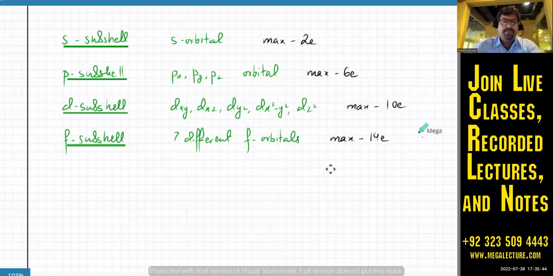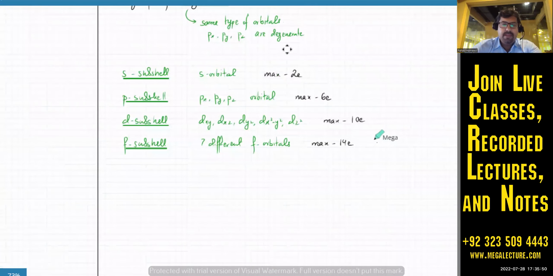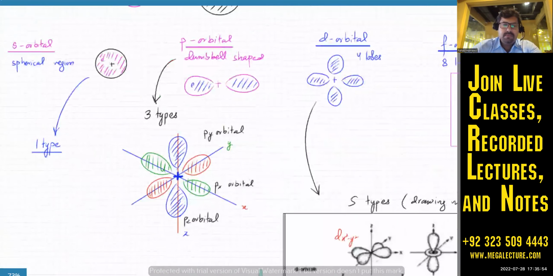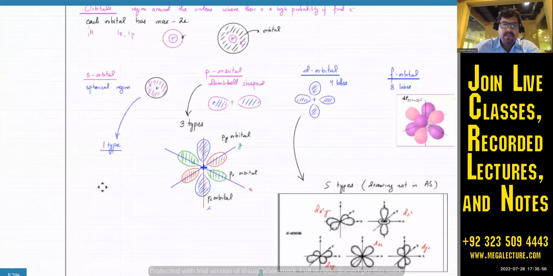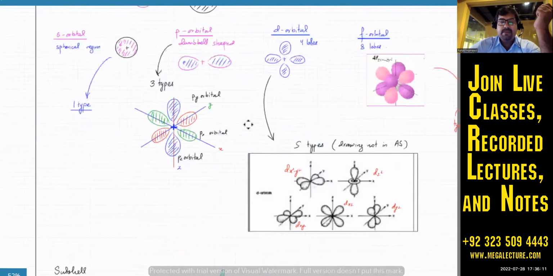Let's recap everything. What did we learn? We learned that electrons exist in spaces around the nucleus, which are your orbitals. You've got a spherical region, that's an s orbital, and a p orbital. There would be 3 different types of p orbital depending on the orientation. You have a d orbital. There would be 5 different orientations of the d orbital.